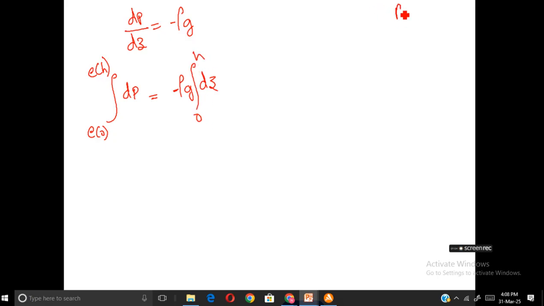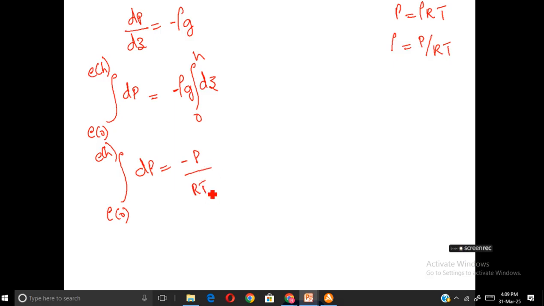We know from ideal gas law P is equal to rho RT. So we can write rho is equal to P by RT. So it will become integral E of 0 to E of h dP is equal to minus P g by RT into integral 0 to h dz.